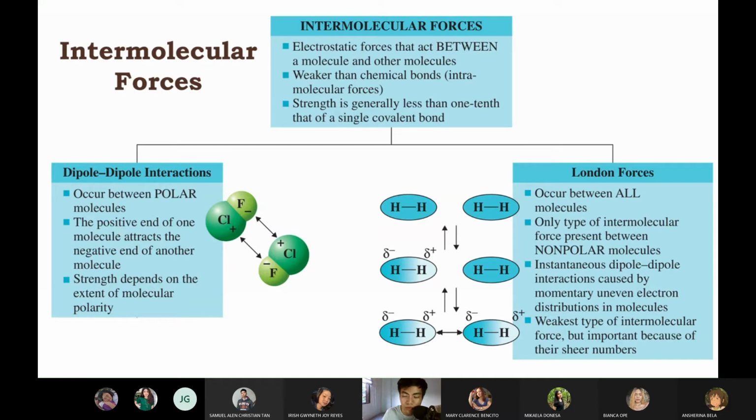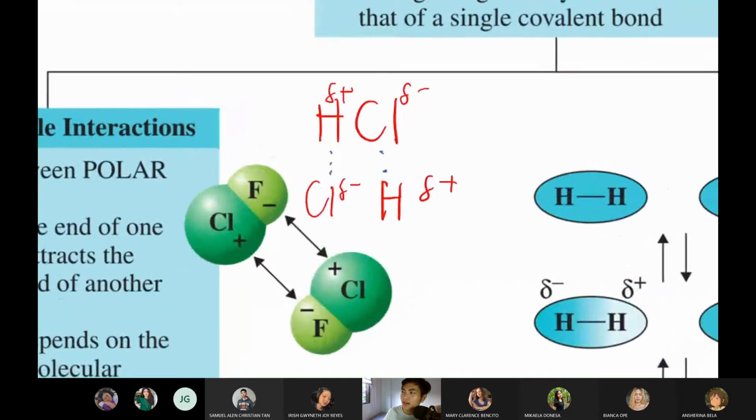One example would be HCl. Okay? So, H is partial positive, Cl is partial negative. Kunwari may nakita yung isang Cl, okay, they will interact with each other. Okay? So, mangyayari dyan, ito yung HCl na isa, ito yung isang HCl. Okay?